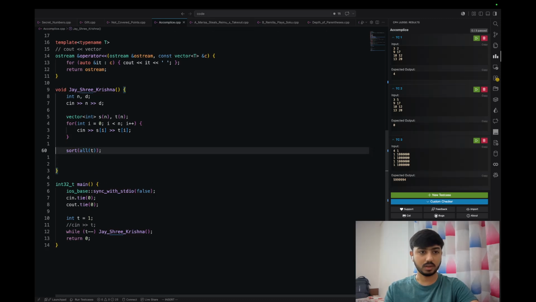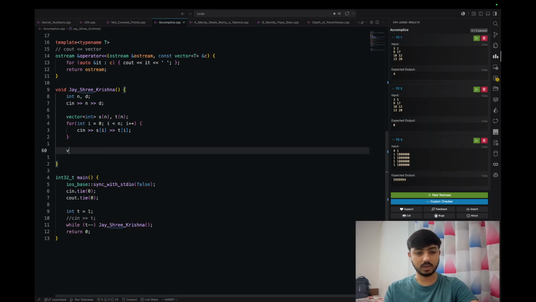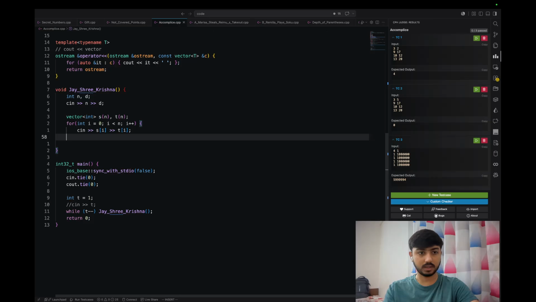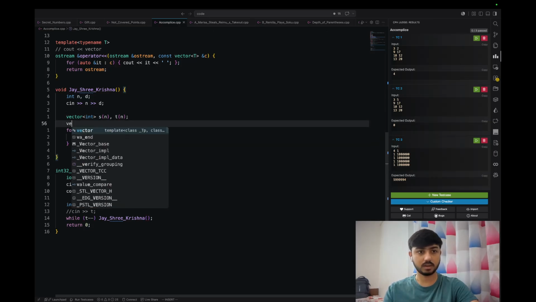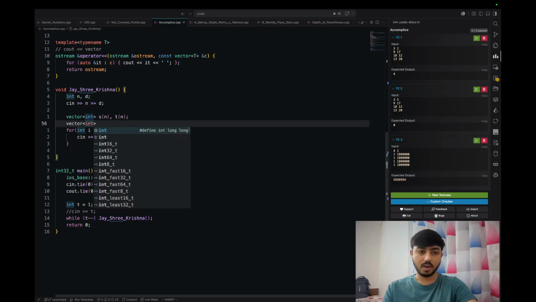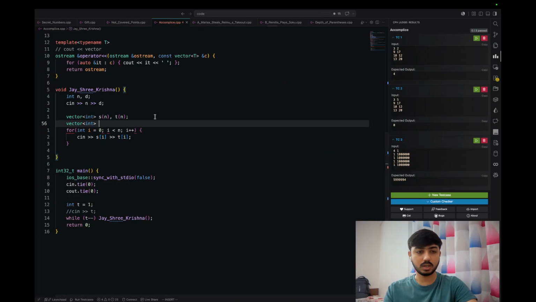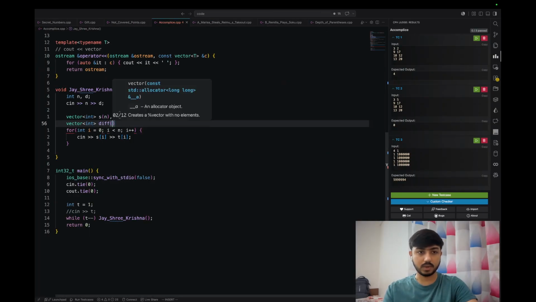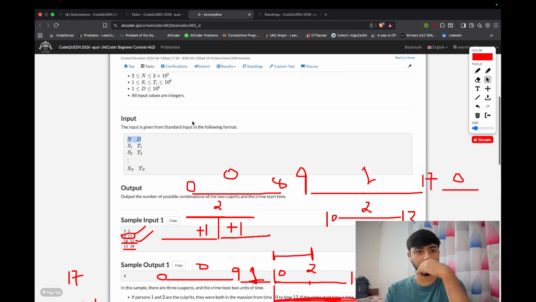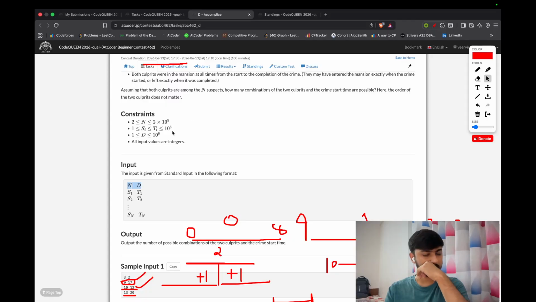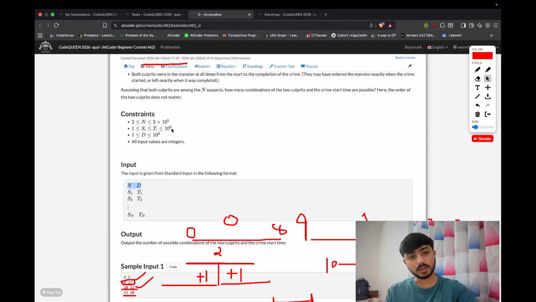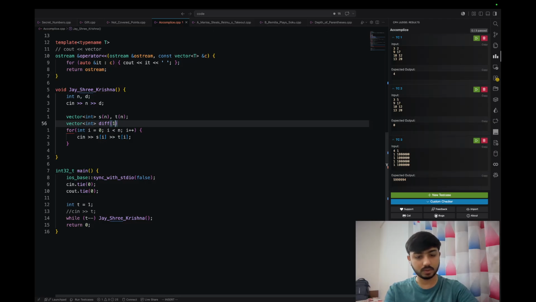Okay. And let's not sort now. Let's create a difference array. Vector of int difference. The point is 10 to the power 6, it can go up to 10 to the power 6 plus 10.